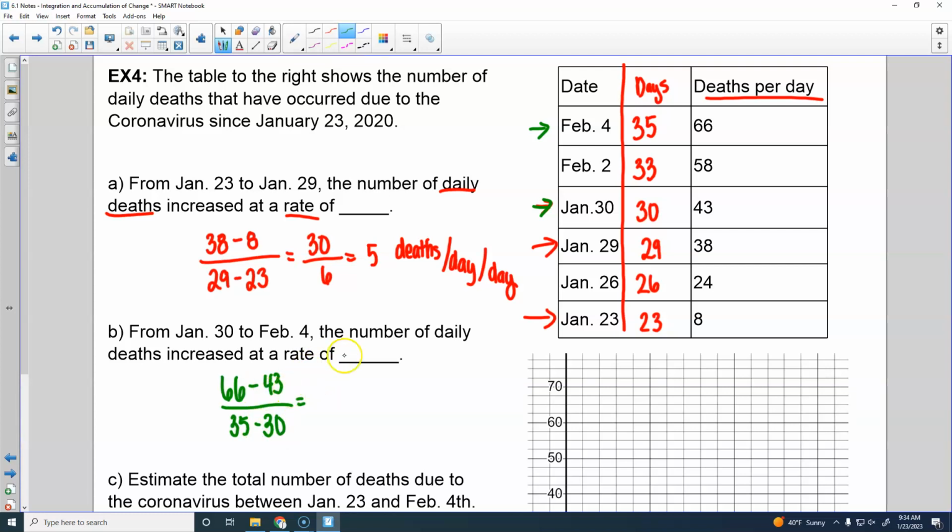And that is going to give me 23 over 5, which is going to be 4.6 deaths per day per day.